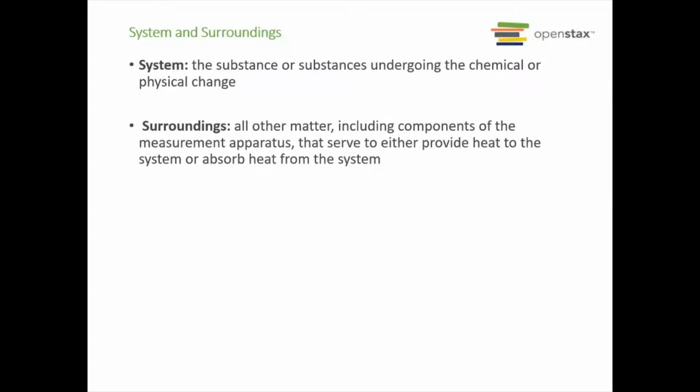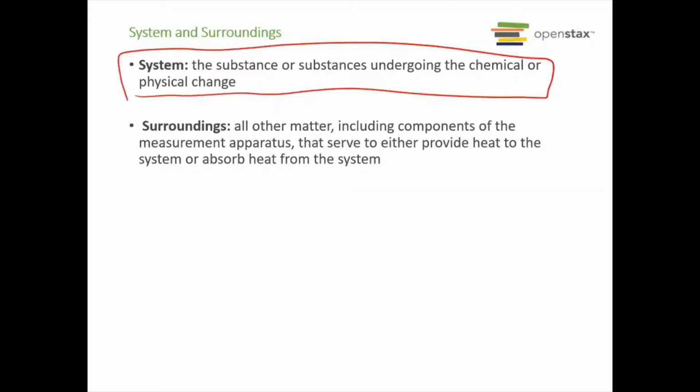So one of the first things that we need to understand is the difference between a system and surroundings. And you get to determine what your system and surroundings are in this case. The system is whatever it is that is undergoing the change, the chemical or physical change.